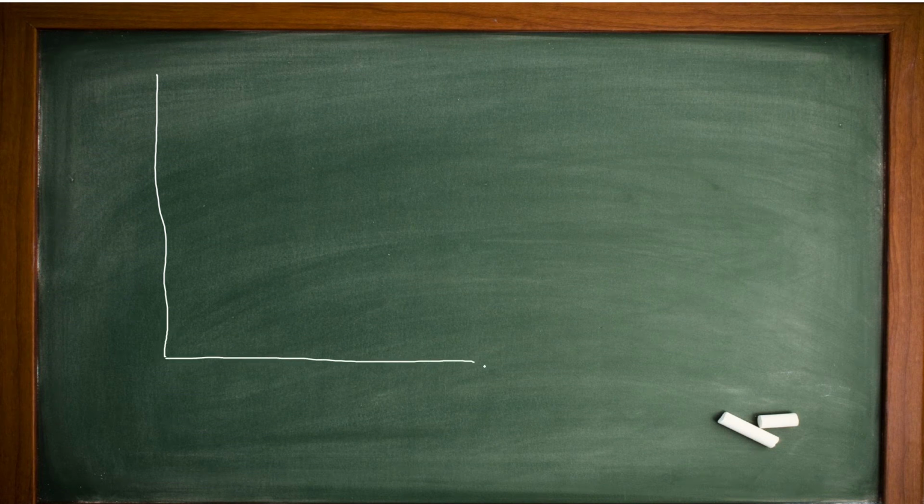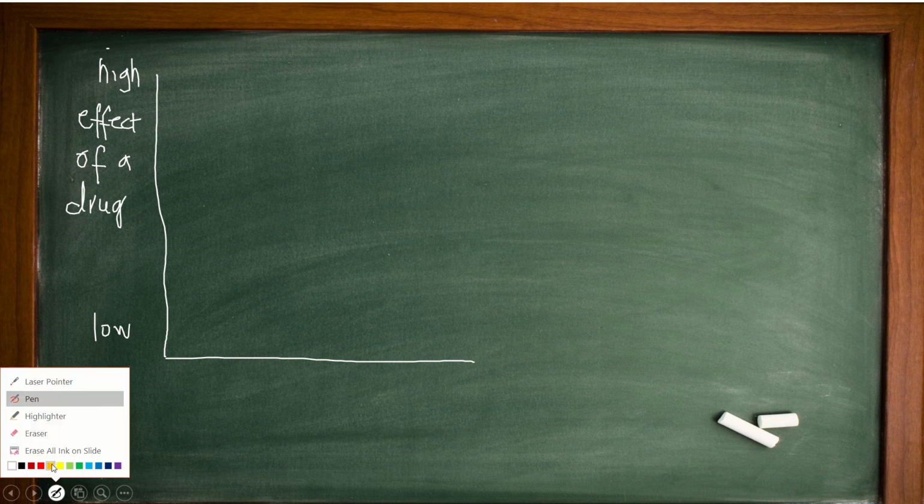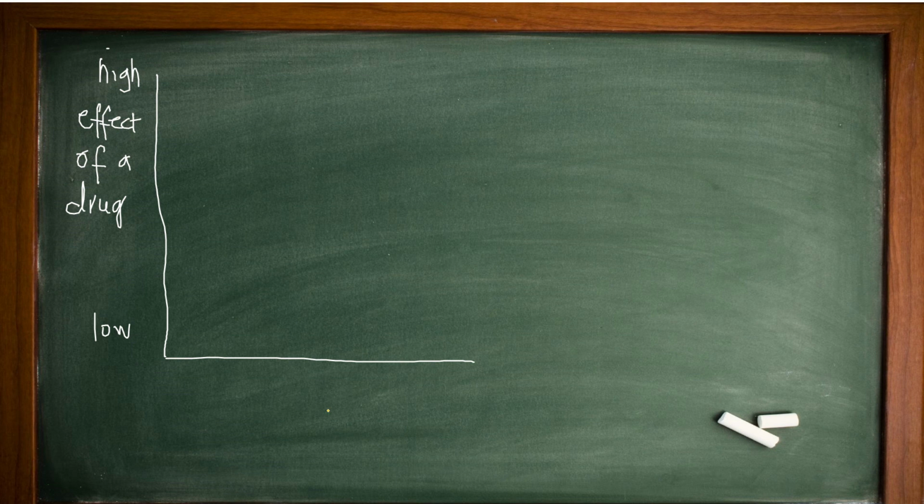Okay, so we have the effect of a drug here. This is the high effect of a drug. This is the low effect of a drug. And then we have here the dose of a drug.